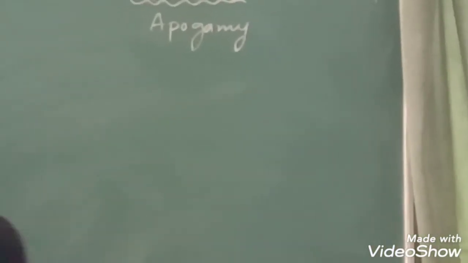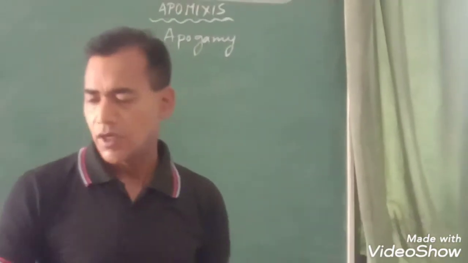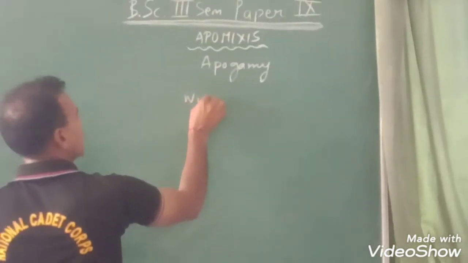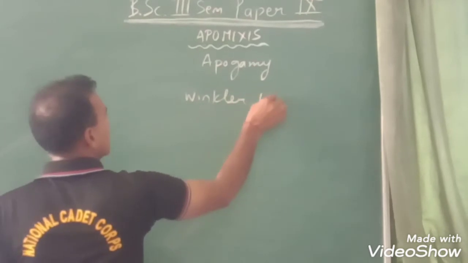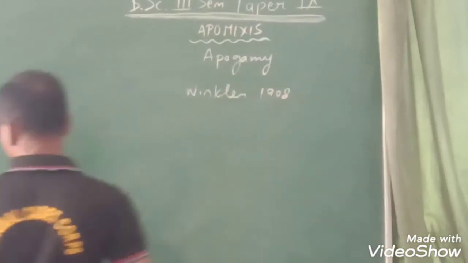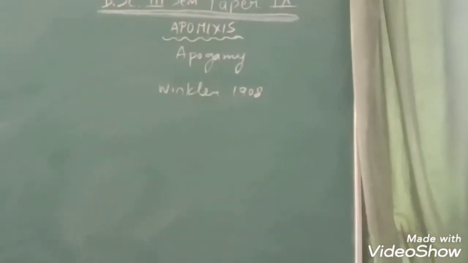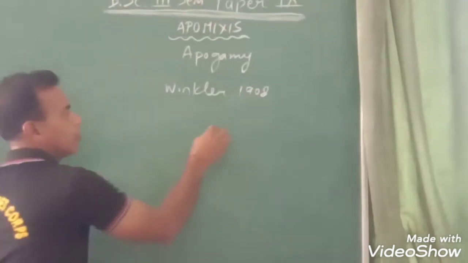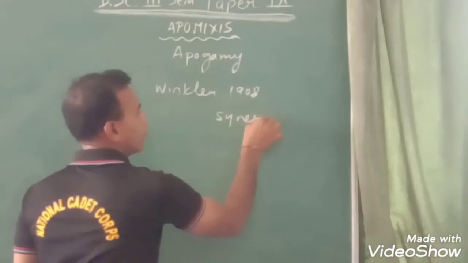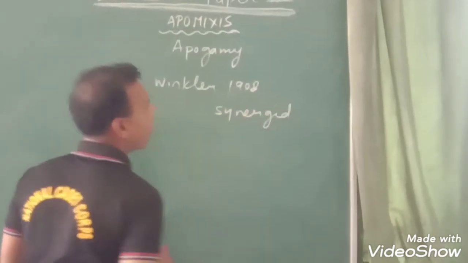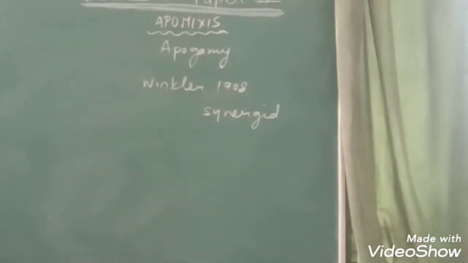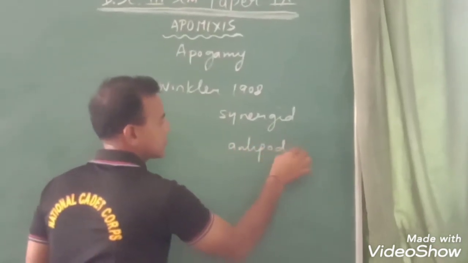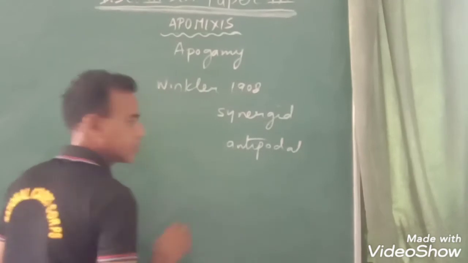The term apogamy was coined by Winkler in 1908. In this, the embryo develops from either the synergid or the antipodal cells of the embryo sac.